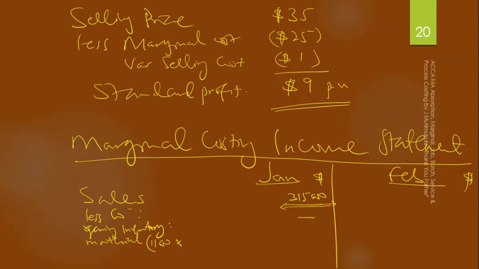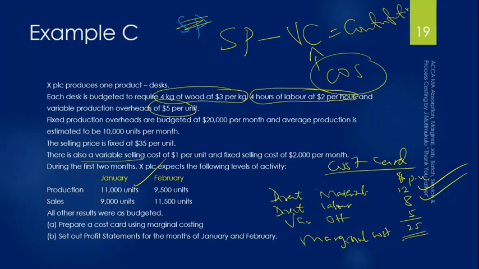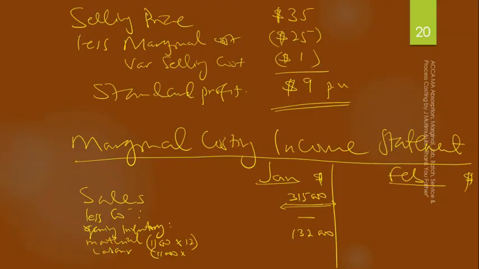So we slot in the 12, multiply by 12, and we should get our 132,000. We then go to labor. The labor is also based on the 11,000 units multiplied by the labor cost per unit, which is $8. So we are going to say multiply by 8, and we should get our $88,000.